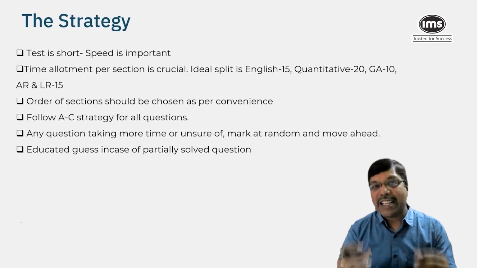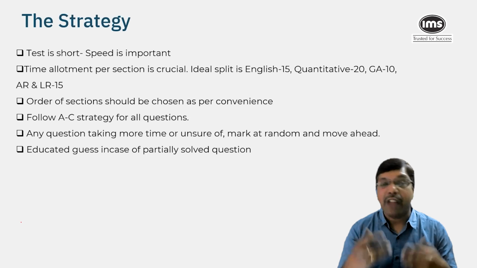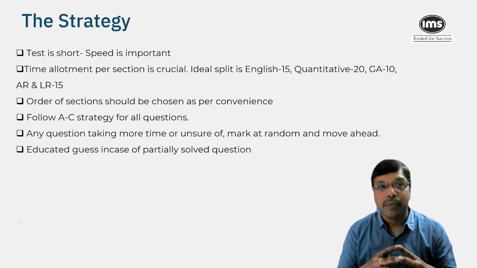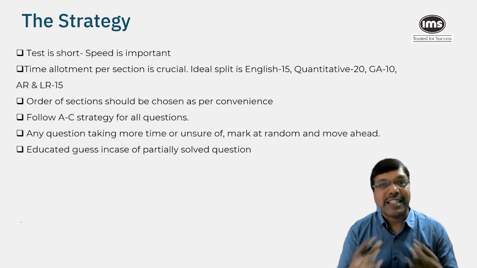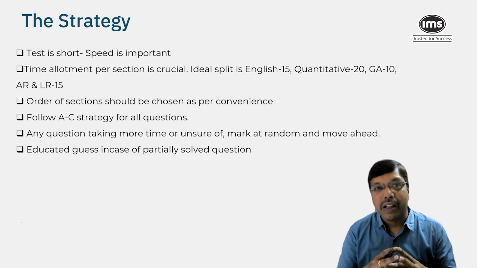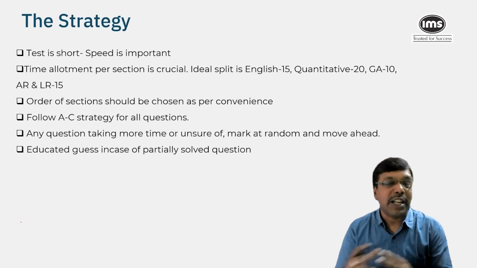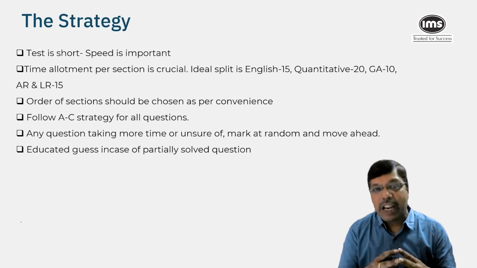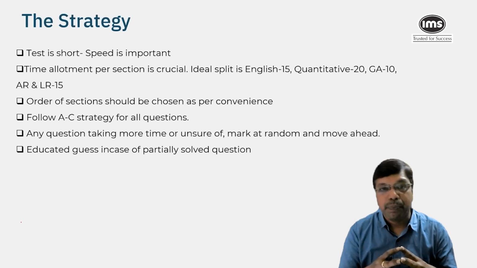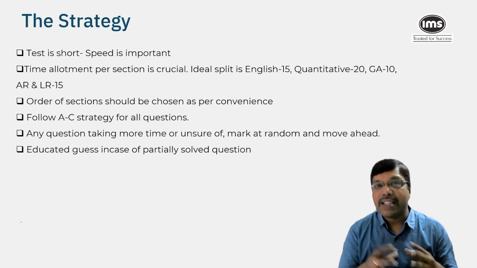Since the exam duration is less and we have 60 questions to answer, I often say that SET is a one-way traffic. So you go from first question to 60th question. We may not have enough time to come back to certain questions and answer them. Hence, mostly the best strategy to follow is AC.